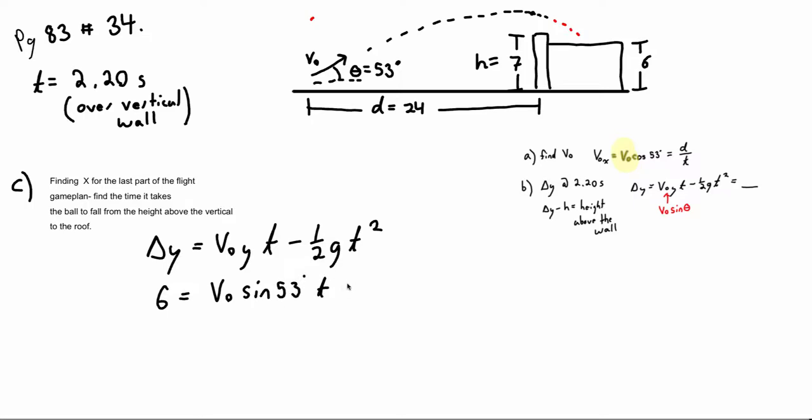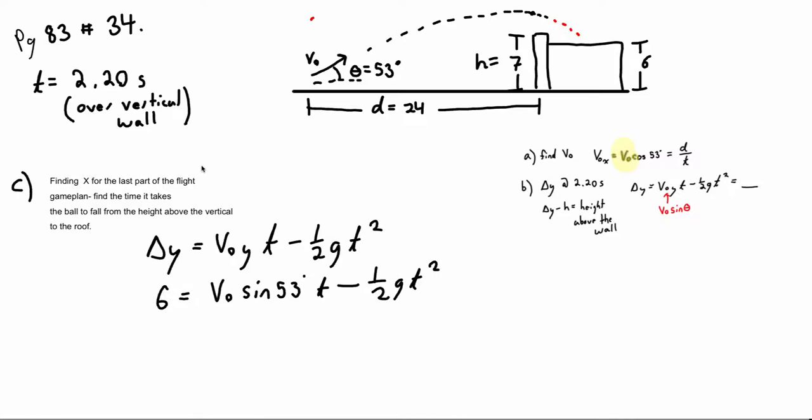So multiply that times time minus 1/2 gt squared. And this v0 you solve for in the first part of this problem.